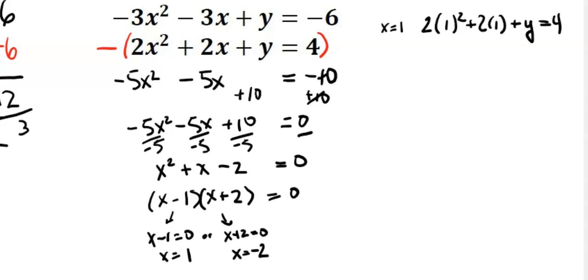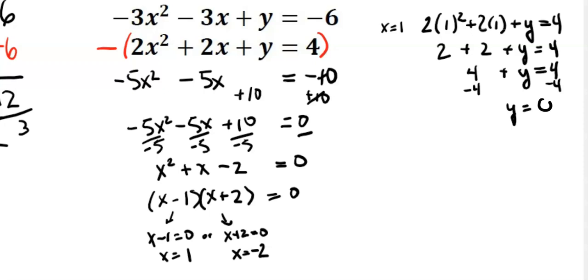And 1 squared is 1, so 2 times 1 is 2. And then 2 times 1, again, 2, plus y equals 4. 2 plus 2 is 4, plus y equals 4. And then subtracting 4 from both sides gives us y equals 0. So one of our solutions is the ordered pair 1, 0.